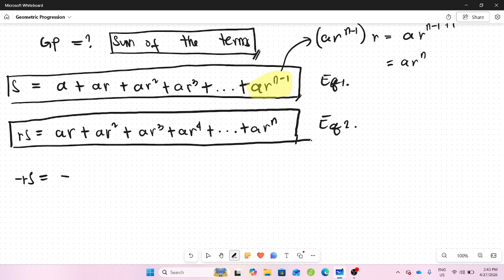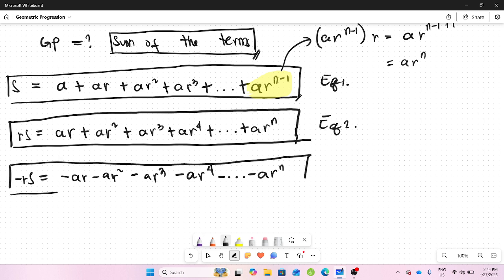For the right side, this becomes negative ar squared, negative ar cubed, negative ar to the 4, and this one should be negative ar to the n. So this becomes our equation 3.